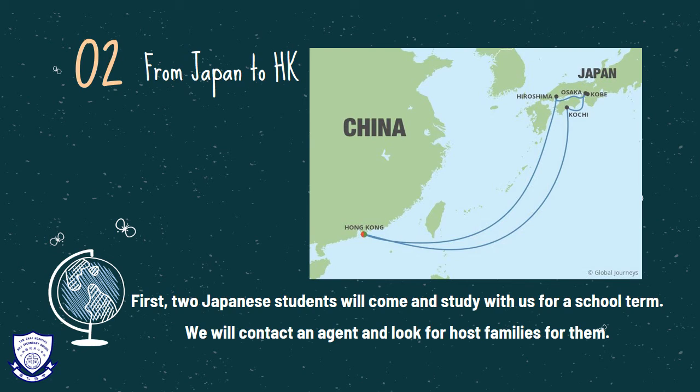When we talk about exchange students, actually it should be a two-way program. So here, luckily, in this context, we may have foreign students, actually Japanese students, to come to learn with the rest of the Hong Kong students here.